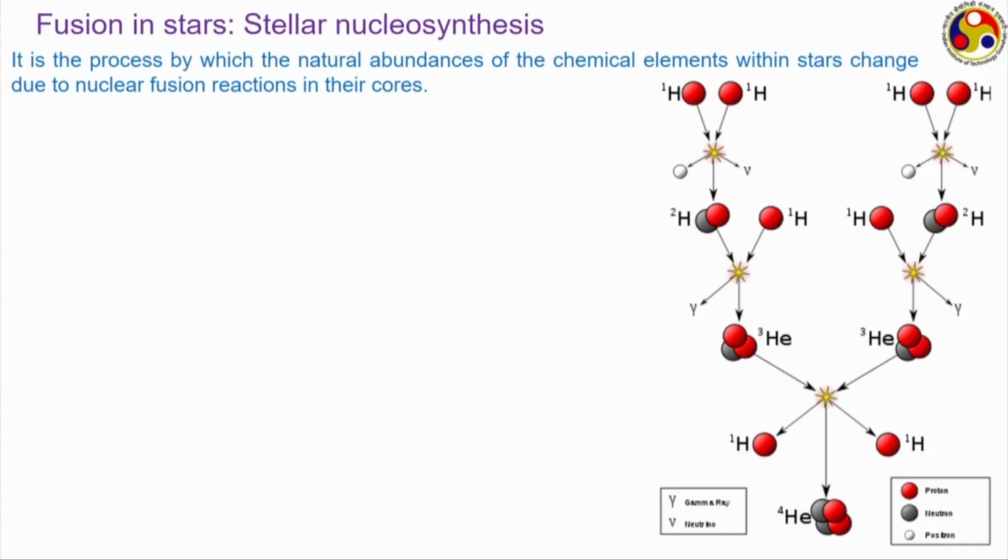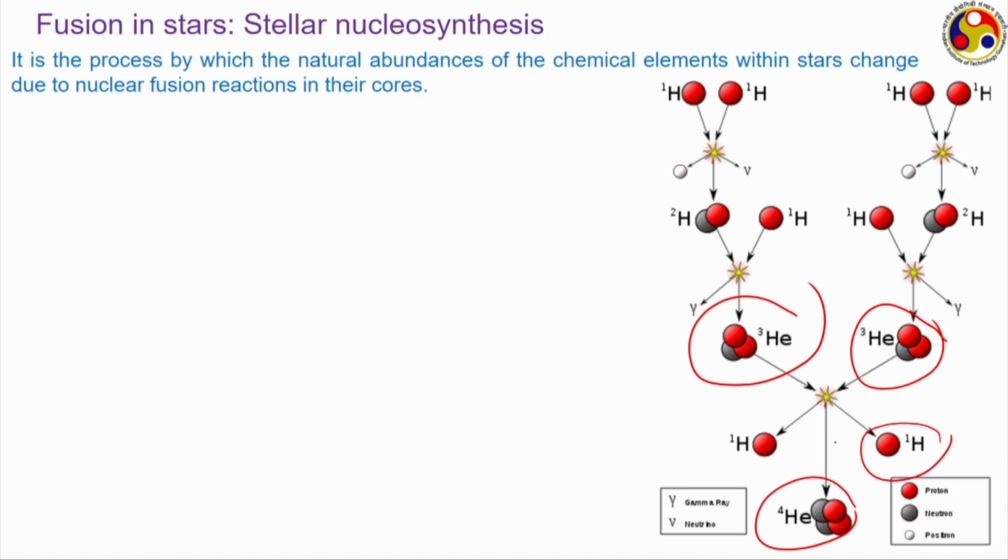This is one example. If initially we consider that the body of the star contained only protons, then 2 protons can combine together to form a deuterium. The deuterium can combine with another proton to form helium 3, and this helium 3 can react with another helium 3 to produce helium 4 and also 2 protons.